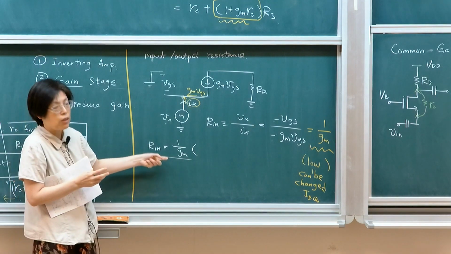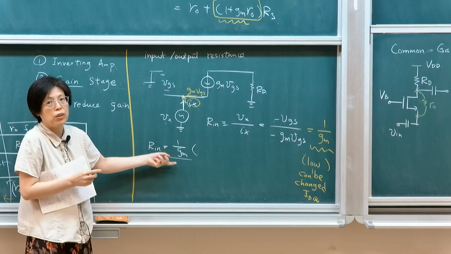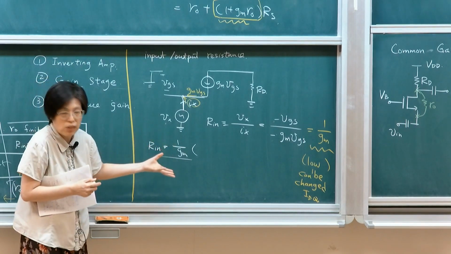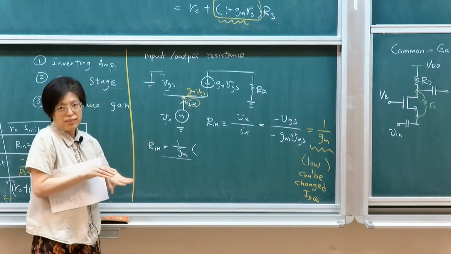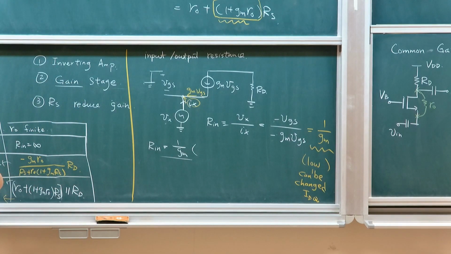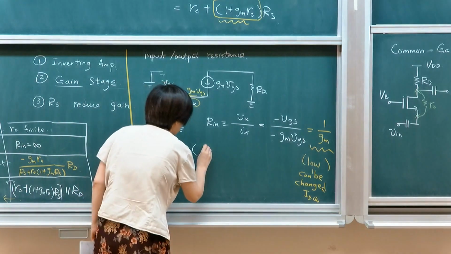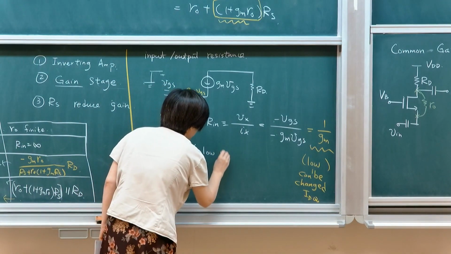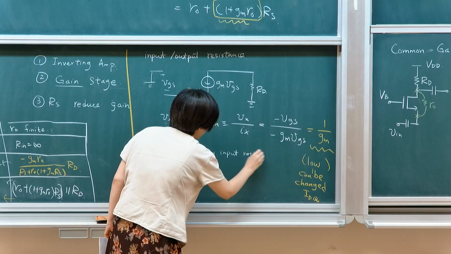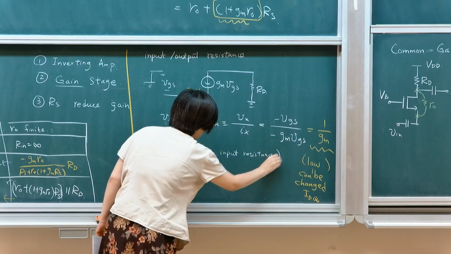The reason I typically refer to this as a low resistance node is because it's relatively low. It's not definitely low. It's relatively low compared to other nodes in the circuit. So the structure provides a relatively low input resistance.